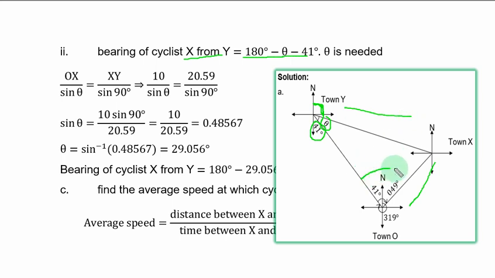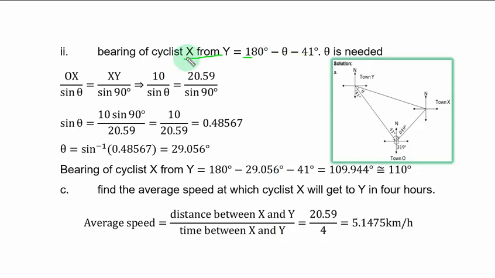Now this angle is 90 degrees. To get theta, the expression is already here. OS is 10 over sine theta equal to SY, from Roman figure 1 of part B, 20.59 over sine 90.